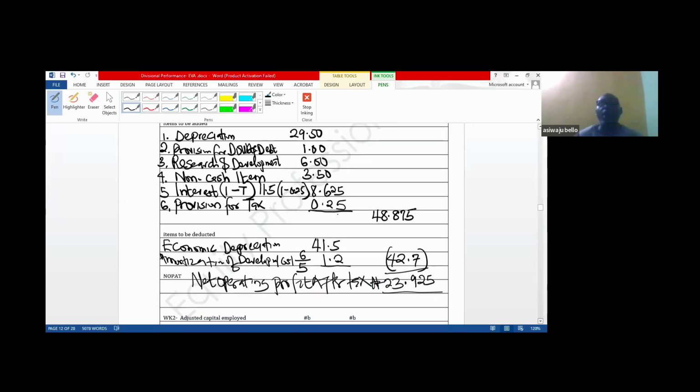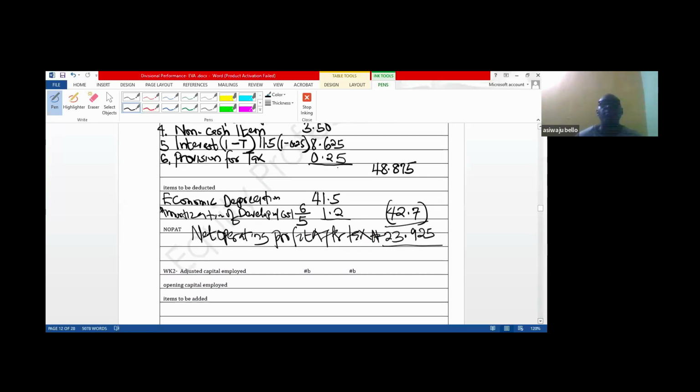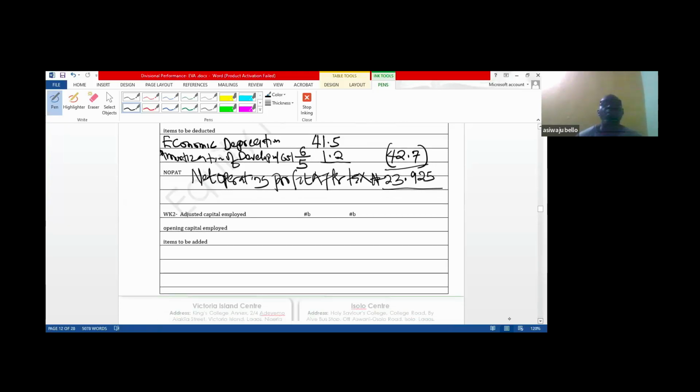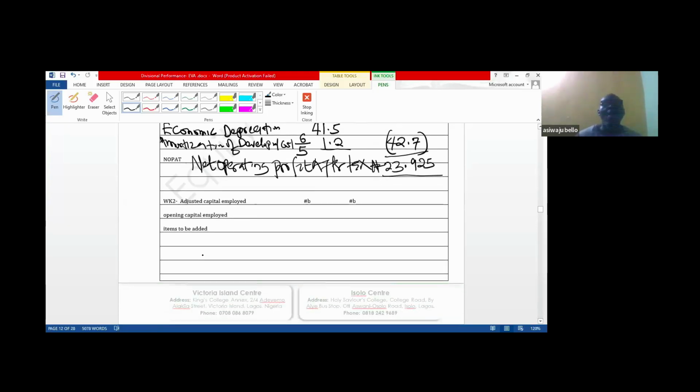You now move to working 2, adjusted capital employed. You are going to start with your opening capital employed balance.